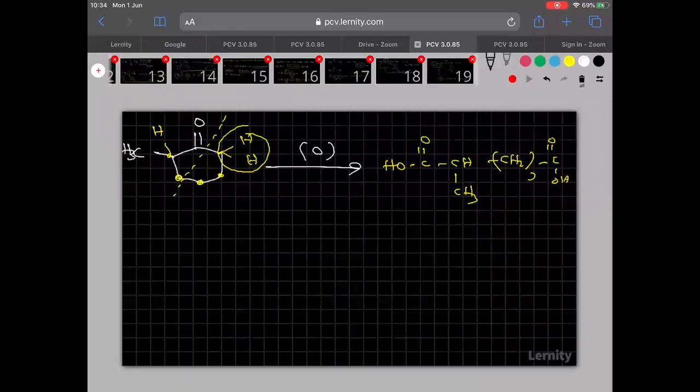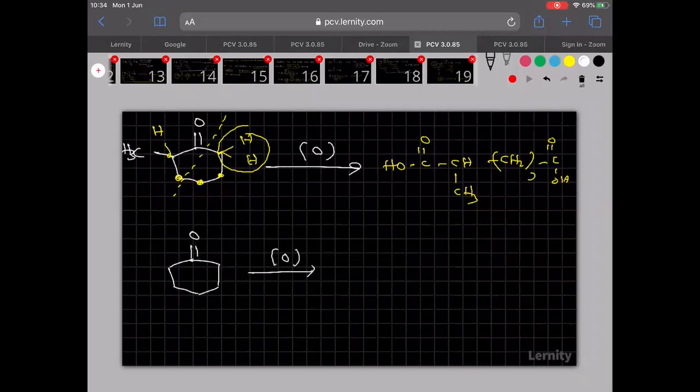Let me take one more. So do this one. What is the product formed in this oxidation?